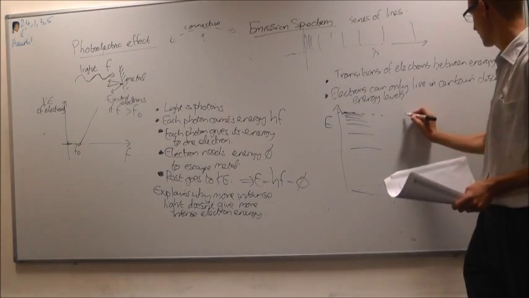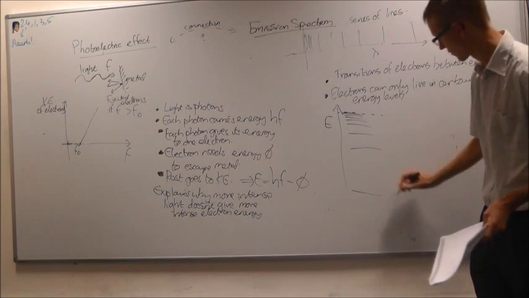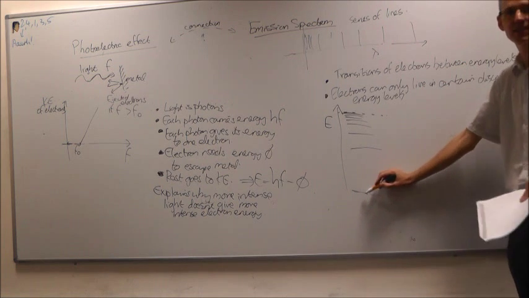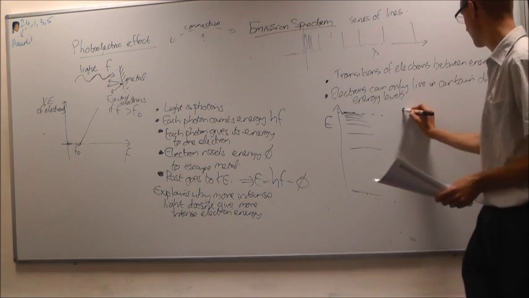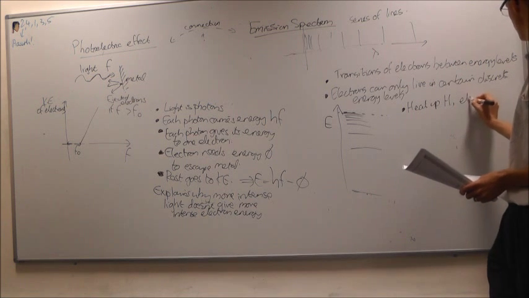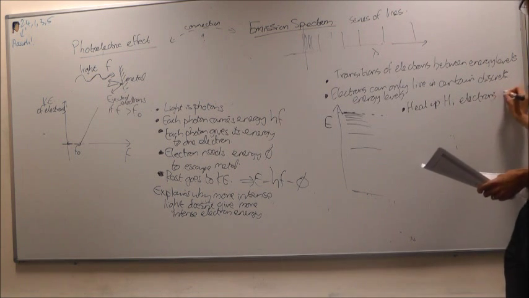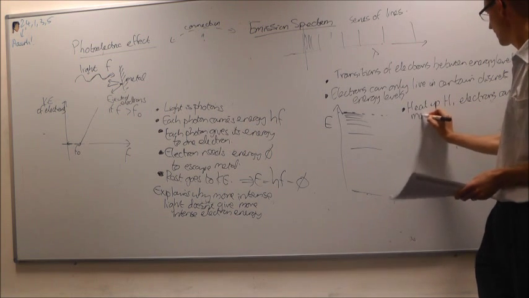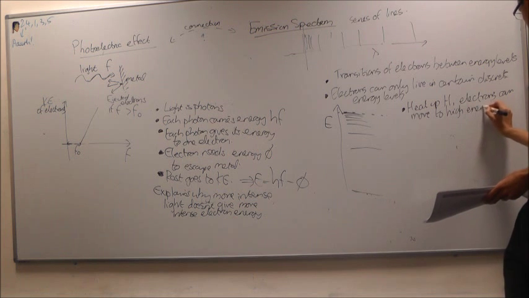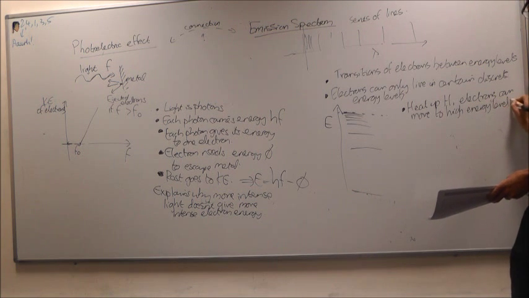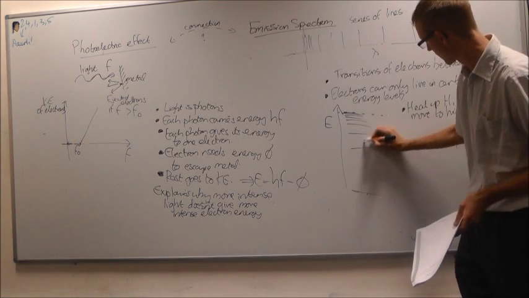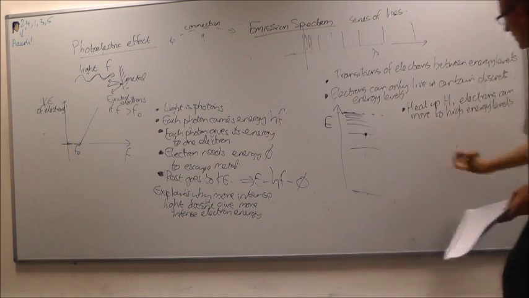And then, your ground state of the hydrogen atom, electrons obviously sitting at its lowest energy. So if you heat up H, electrons can move to high energy levels. So we might get an electron up here.